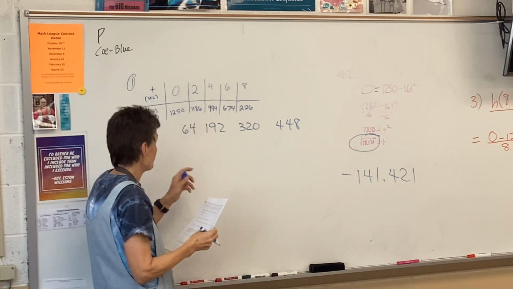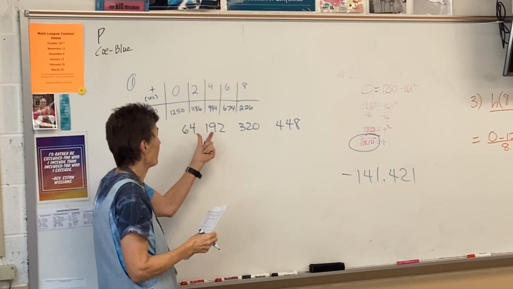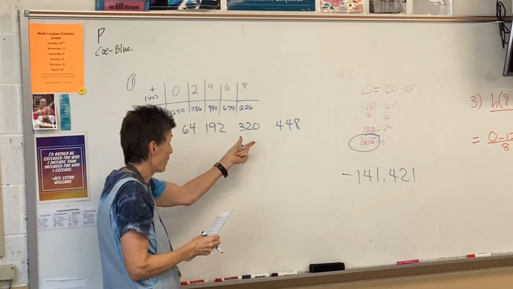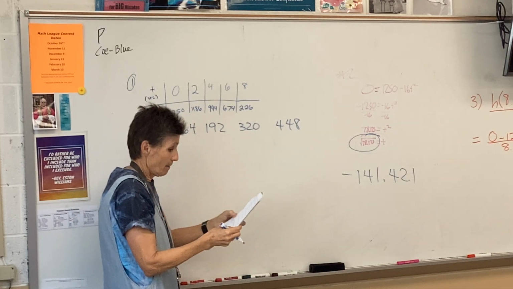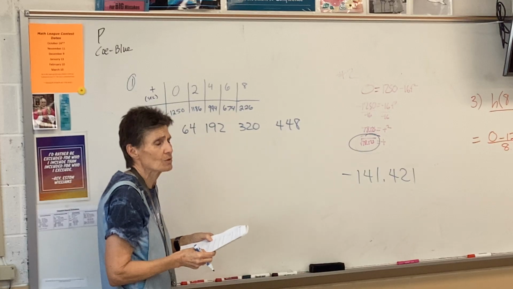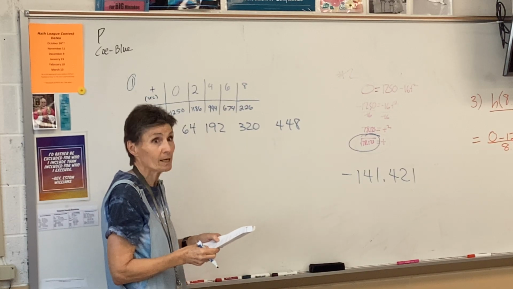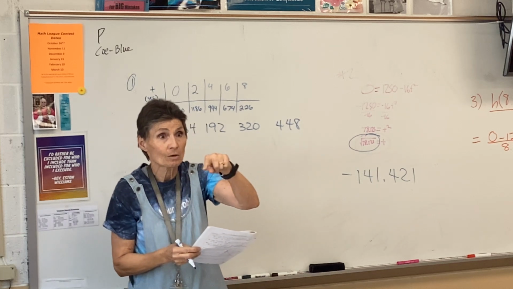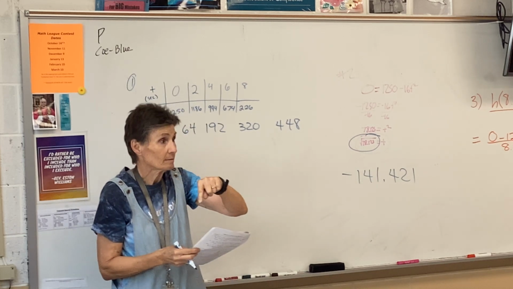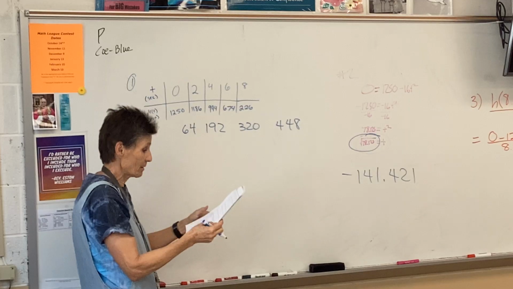So in the first 2 seconds, it traveled that far. Then it traveled this far, and so on. What do you notice about those? They're changing by a constant rate, right? Which is going to tell us something about our curve.